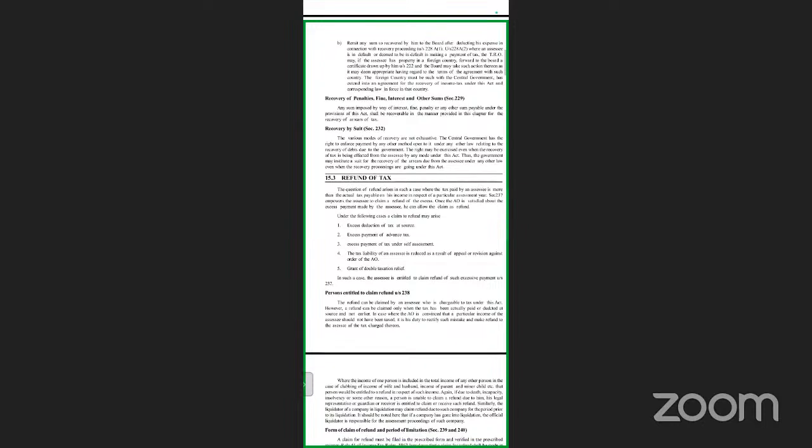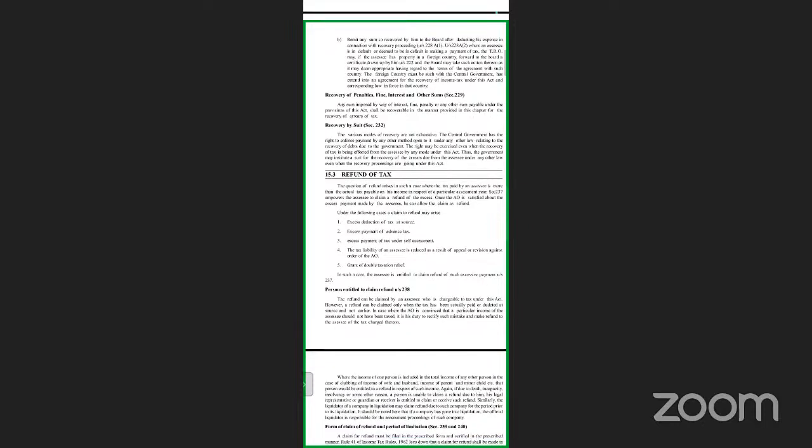So, what is the refund of tax? For example, I have paid an extra amount, where the tax paid is more than the actual tax payable. For example, I paid 1 lakh tax, but my total tax amount was 80,000. It means I paid 20,000 extra.